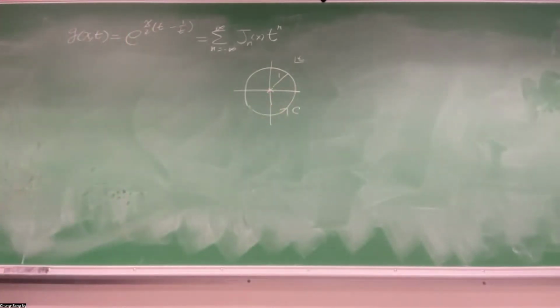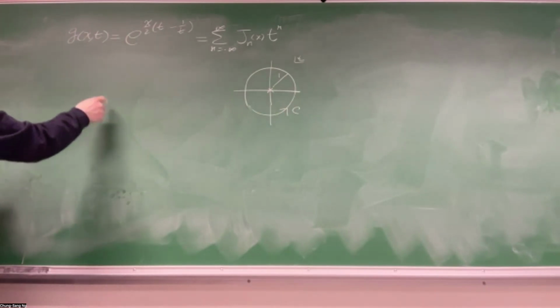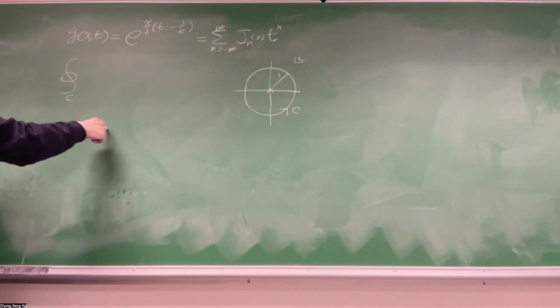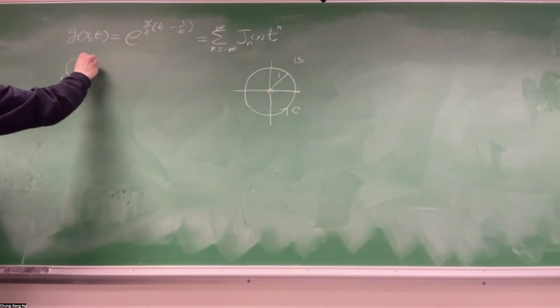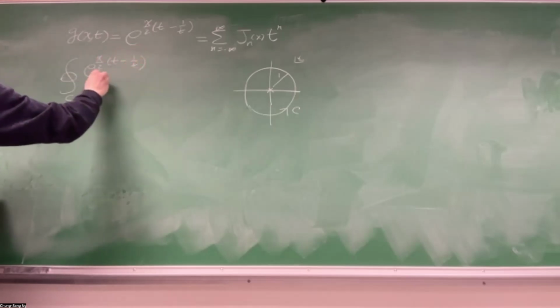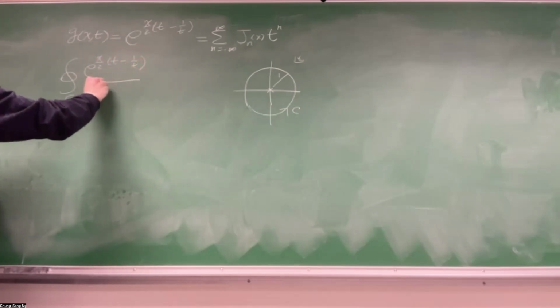What we want to do is consider this loop integral over this contour C of the generating function, divided by T to the n plus 1.